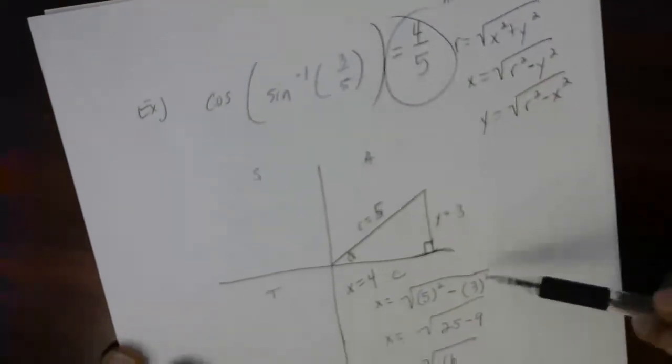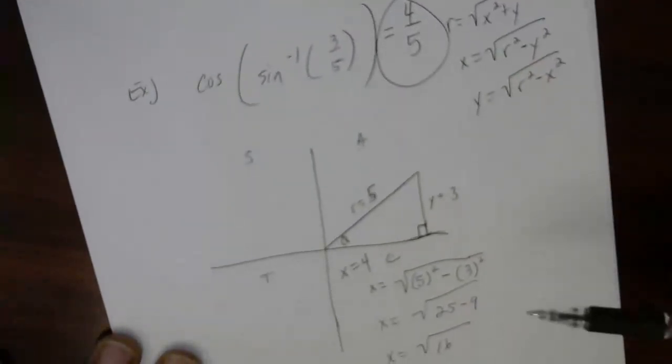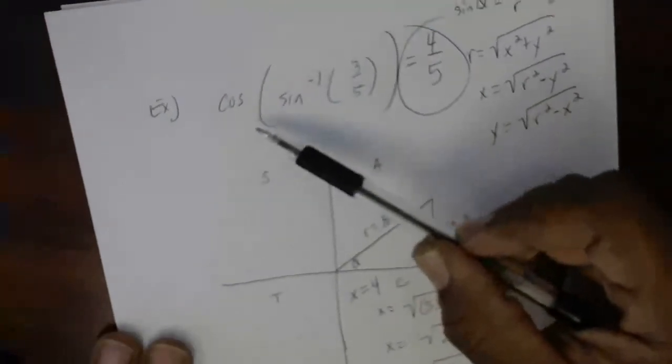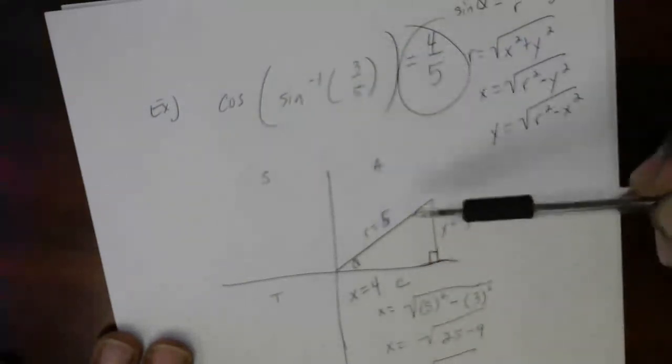So we had to sketch out a triangle, and once we sketched out the triangle, we were able to use the cosine as x over r as our solution.